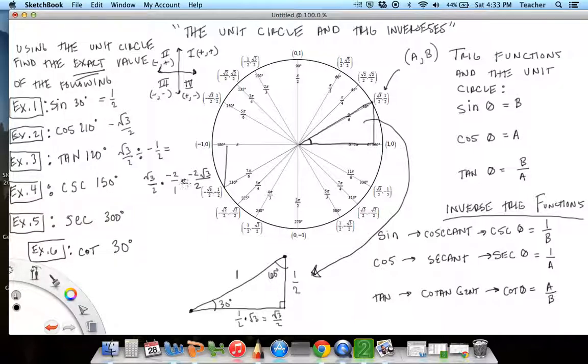So I multiplied across, I multiplied by the reciprocal, I got negative 2 square root 3 over 2, and then what you're going to do is simplify, so we end up with negative square root 3 as our answer. Okay, so that's what I'm going to put right here. So the value of tangent 120 degrees is equal to negative square root 3.